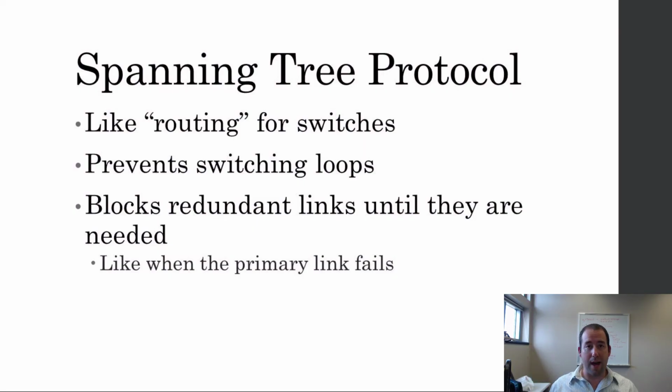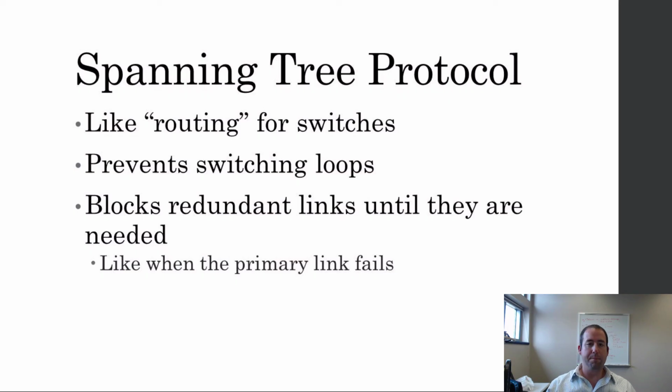Well, when you do that, you have the potential for creating a broadcast storm, where one device sends a broadcast, and then that switch sends it out to the other switches, and then those switches send it out to the other switches, and then those send it out to the others, and you basically just have an infinite loop of this broadcast getting blasted between the switches that could shut down your network. So you don't like that.